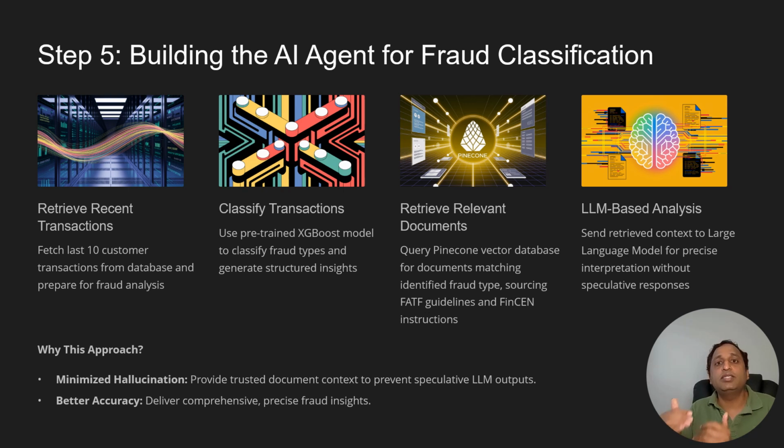We are first categorizing the transaction into fraud types. We are giving all the internal guidance related to that document. Now we are giving the full context to the LLM and asking it to analyze. In this case, the LLM has less chance to hallucinate and provide an analysis which might deviate from the guidelines, the playbooks, or the actual fraud classifications.